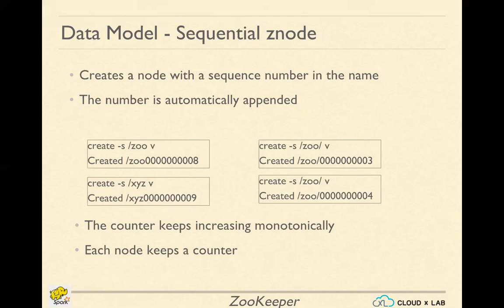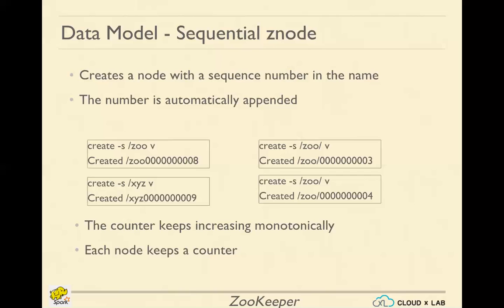And that's where Zookeeper comes to the rescue by providing something called a sequential Z node. Basically, when we try to create a sequential Z node, it creates a node with the sequential number appended to it.